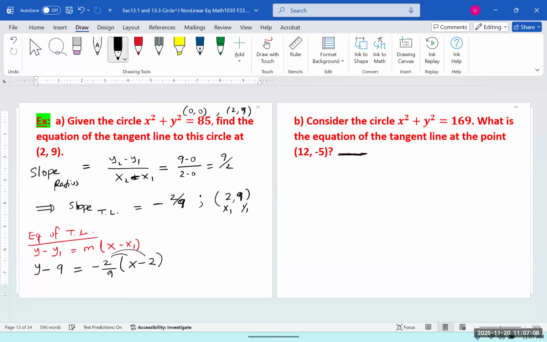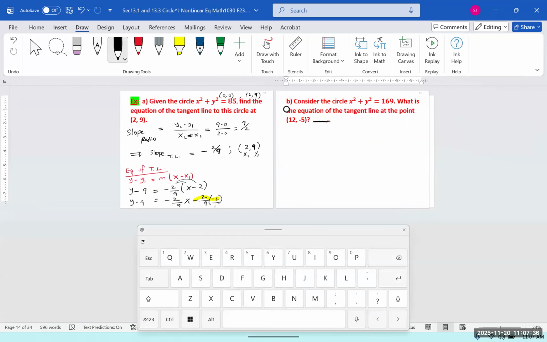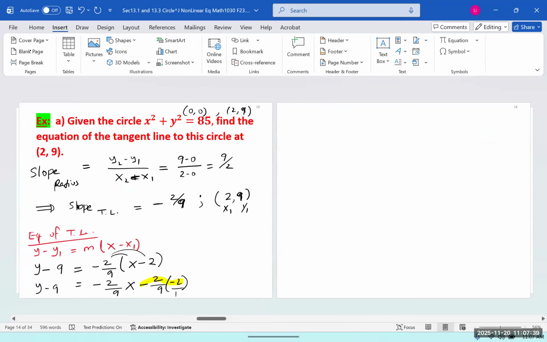And then you distribute the negative 2/9 x, negative 2/9 times negative 2. When you multiply a fraction with a non-fraction, you just multiply the numerators. You have an invisible one here. So we have y minus 9 equals negative 2/9 x plus 4/9.